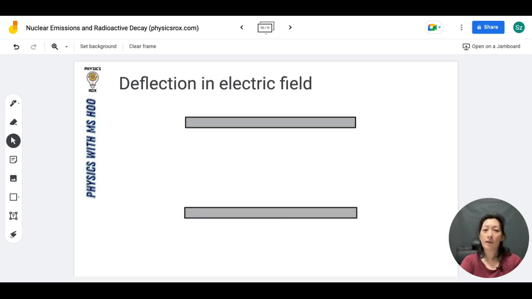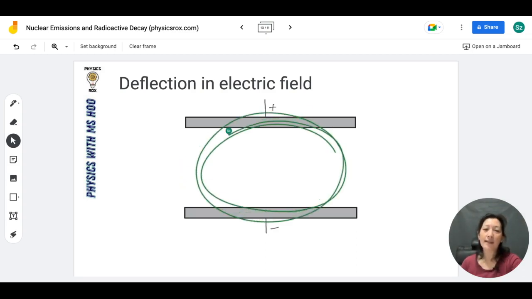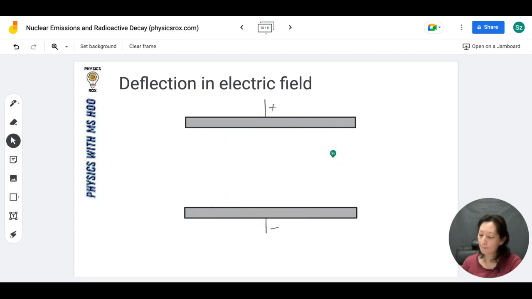A high voltage power supply can force the circuit to be complete by creating a very high tension electrical field over here. So let's say the top here is positive and here is negative. This creates a very high tension electrical field between these two plates.